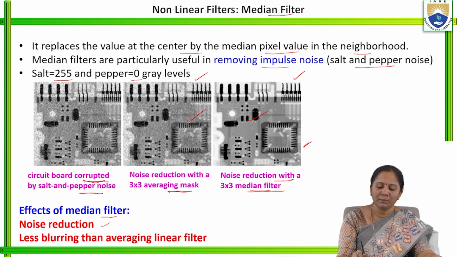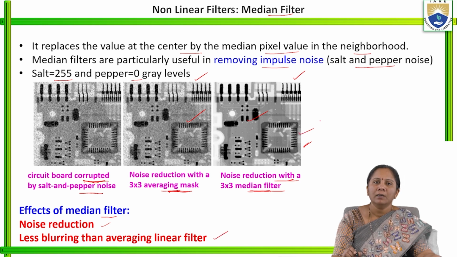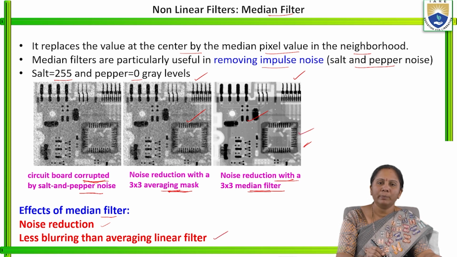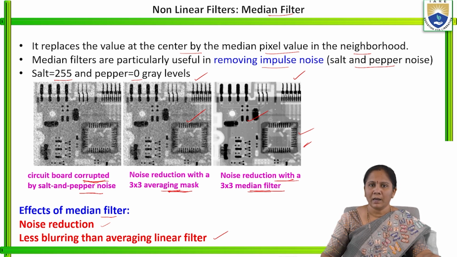If you see the third image, the noise is reduced compared to the average mask, and this image also has less blurring compared to the previous image, that is, the image where the average mask was applied. This is the difference we can observe when different filters are used.